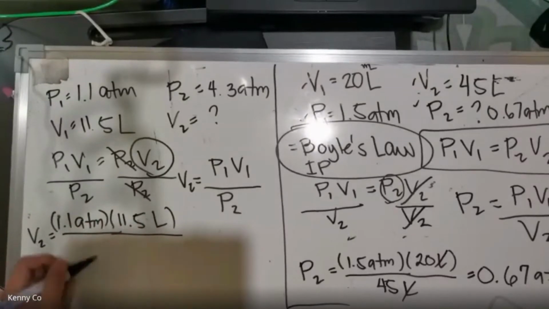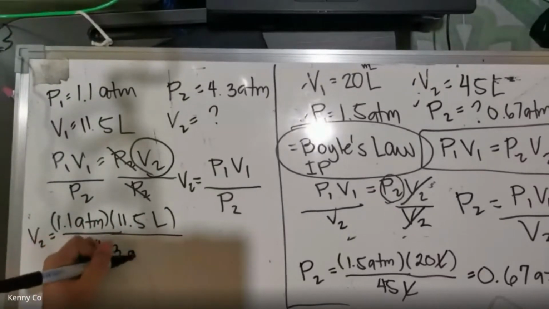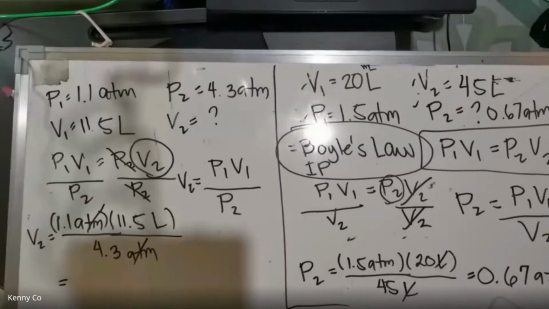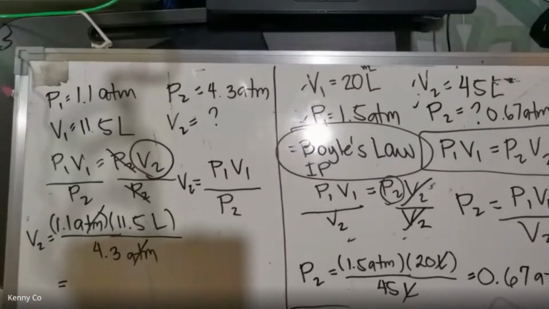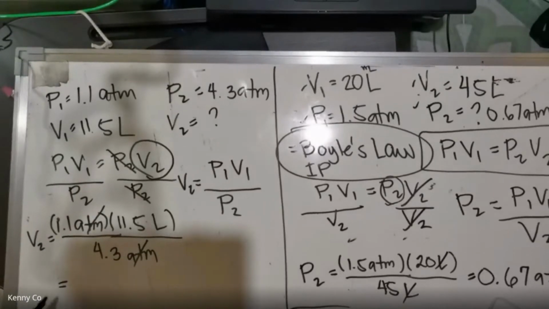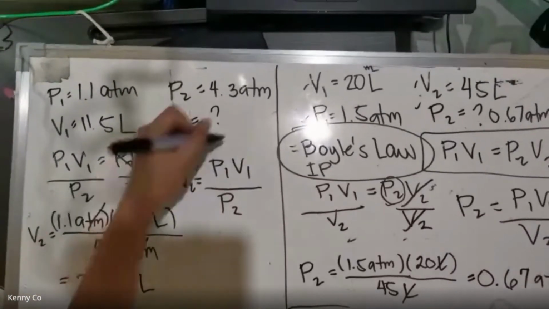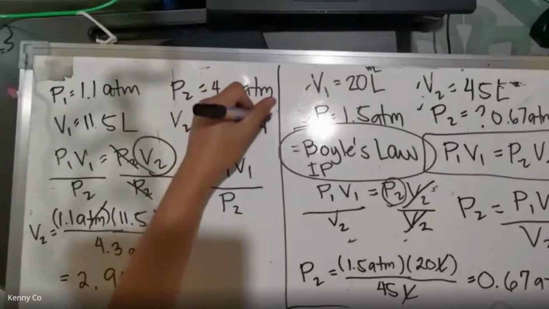Divided by P2, which is 4.3 atm. Cancel atm. So 1.1 times 11.5 divided by 4.3. So 2.94 liters. Okay, correct. So this is 2.94 liters.